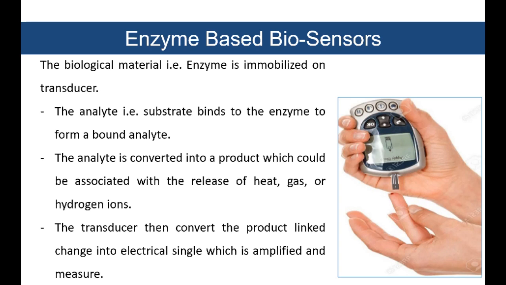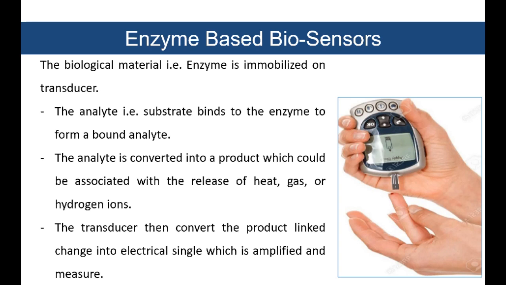The analyte is converted into a product, which could be associated with the release of heat, gas or hydrogen ions. The transducer converts the product change into an electrical signal, which is amplified and measured.